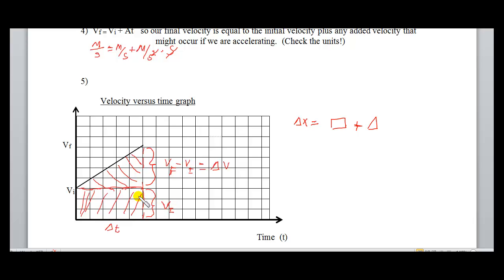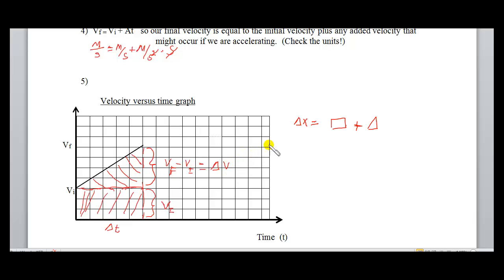In terms of the triangle, it has a base also equal to delta t from here to here, and it has a vertical height equal to v final minus v initial. That's this height right here. But we're simply going to express that as my change in velocity, which it is.